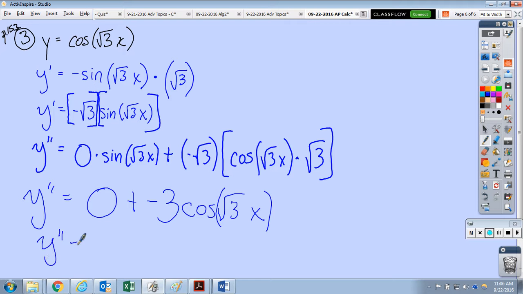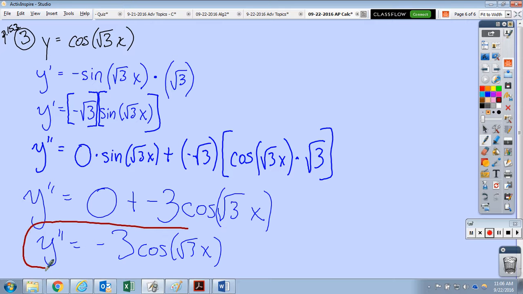So y double prime is negative 3 cosine of square root of 3x. That's y double prime, and y prime we have already.